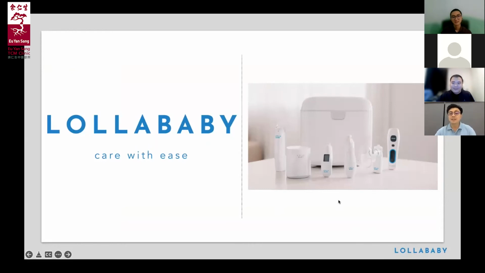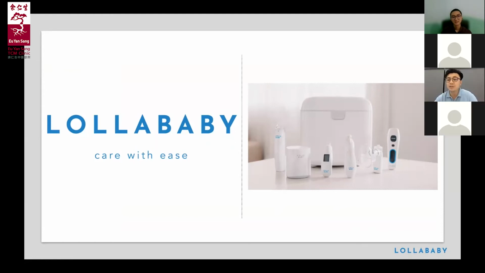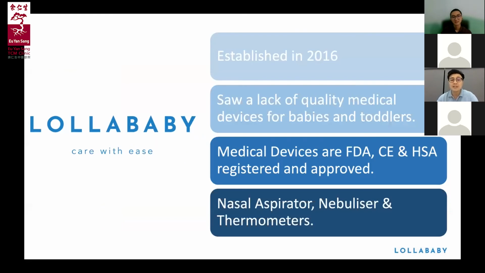Okay, hi. So I'm Daniel from Lollababy, and today we'll share with you a bit more about Lollababy and how we can help you with your respiratory health for your children as well, right? So Lollababy, we were established in 2016, and one of the main reasons was that we saw there was a lack of quality medical devices for babies and toddlers in the market, right?